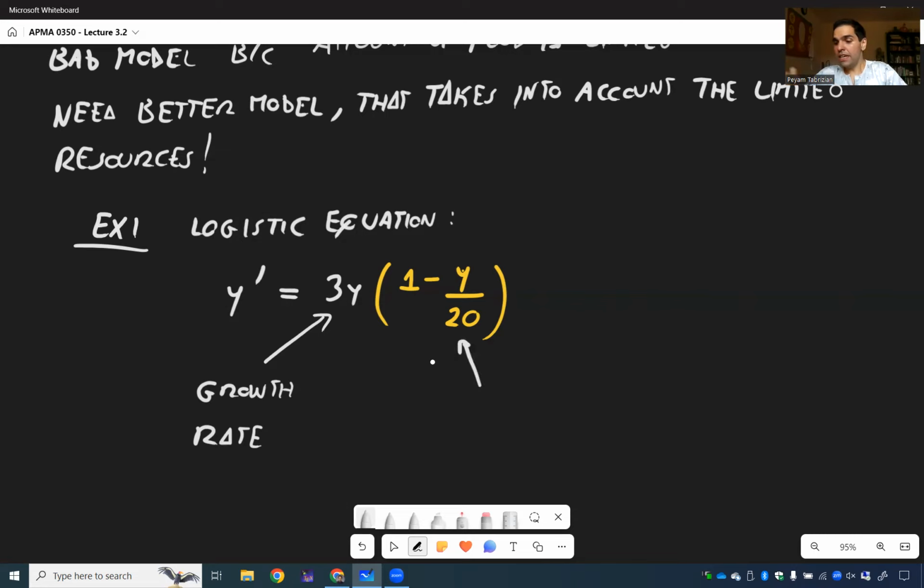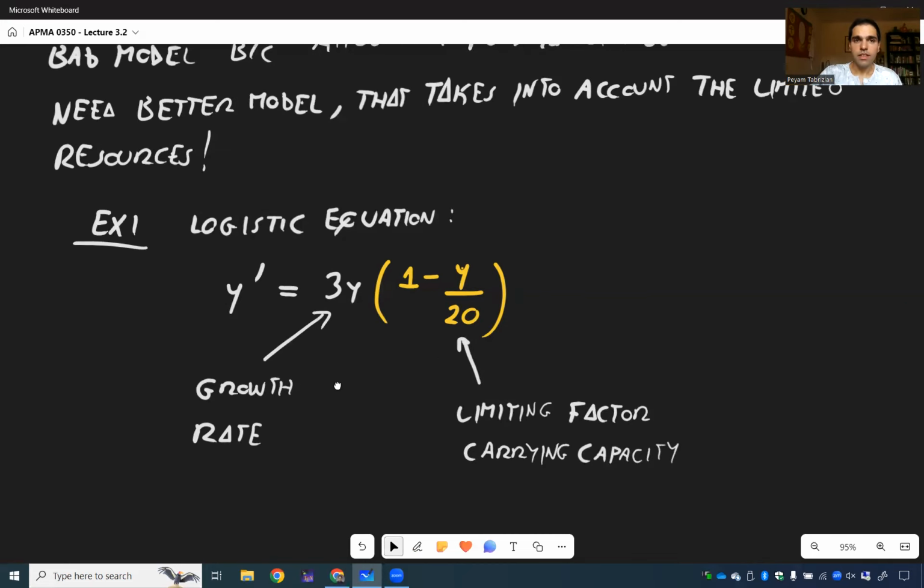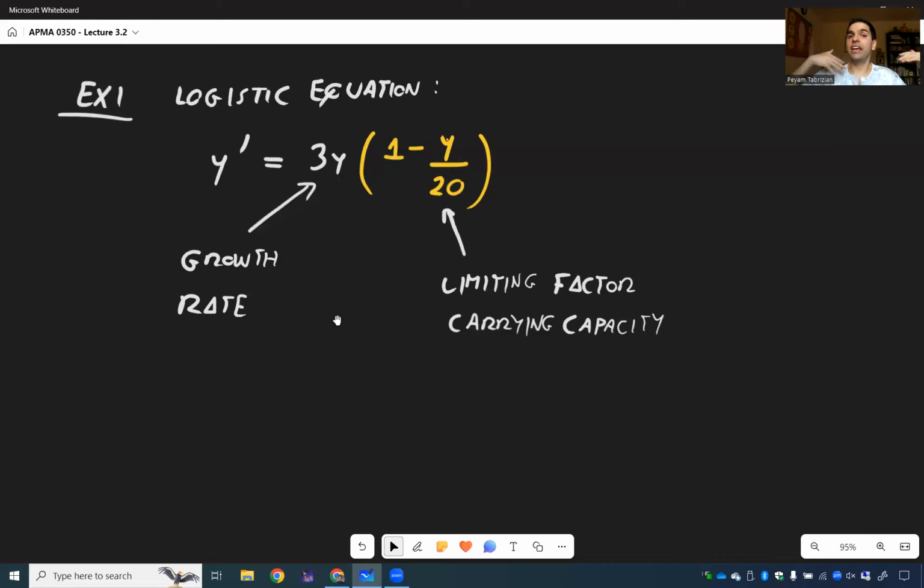And this 20 is what's called the limiting factor, or carrying capacity. I will explain below what this means, because essentially the bacteria won't increase over 20, because that's where the food supply is exhausted.